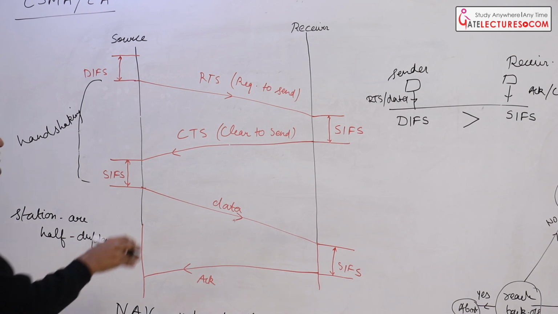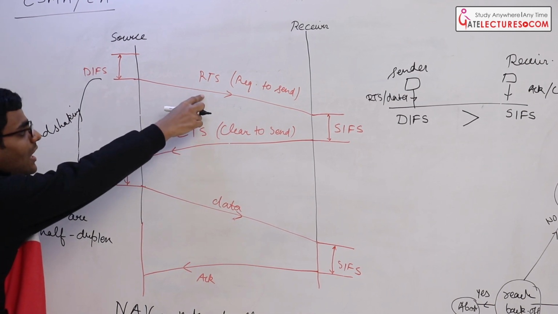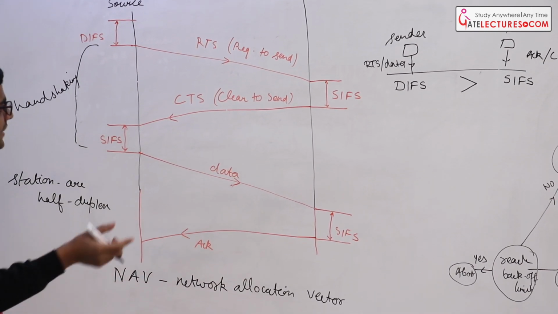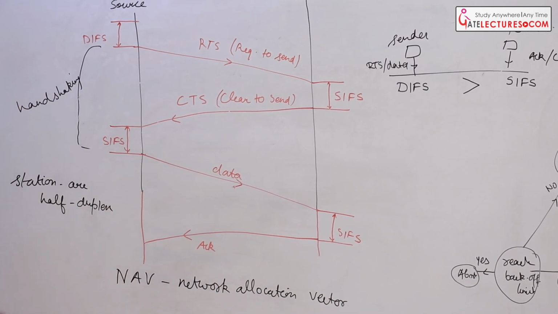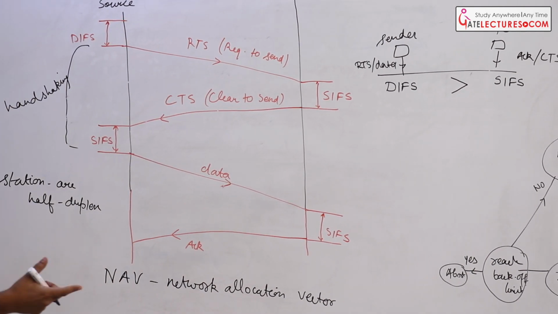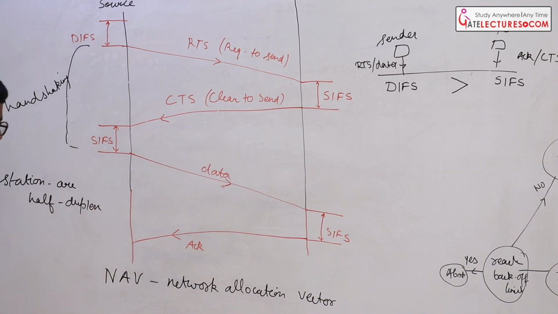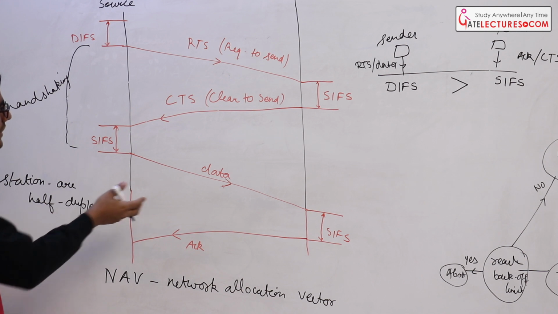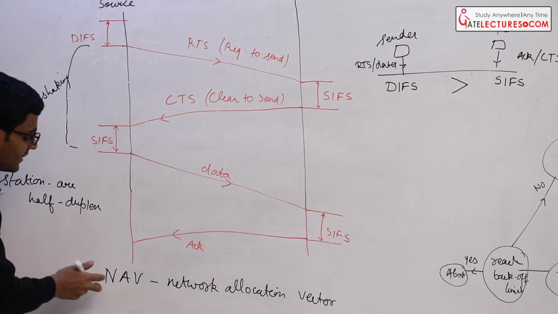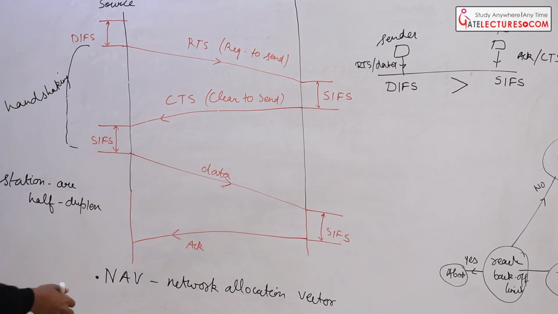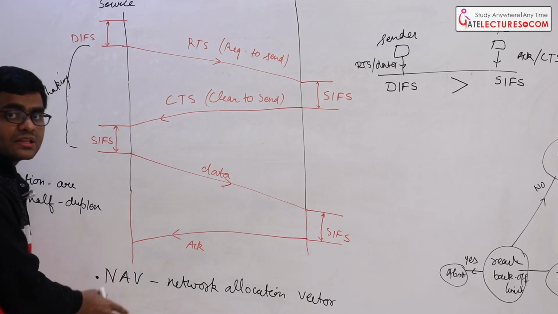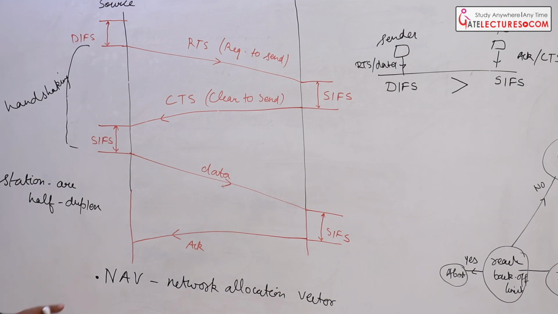Whenever other stations hear an RTS or CTS, and these packets have a duration field giving the time this transmission will take, they start their NAV timer. So for this period of time, other stations are not even going to sense the channel. They will sit idle to avoid collision.